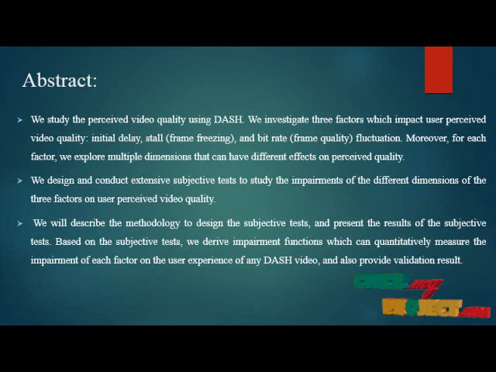For example, in the case of the stall factor, most previous research has studied the stall duration with regard to the perceived quality. We also consider when the stall happens and how the stall is distributed.